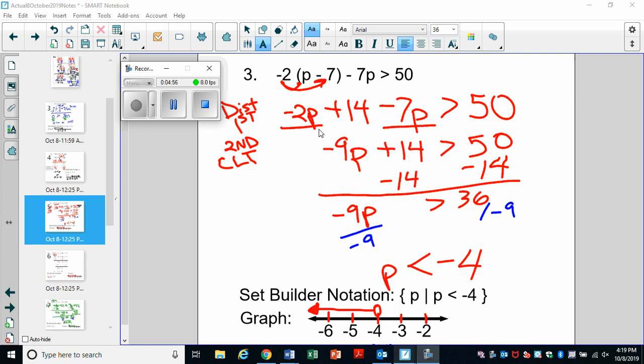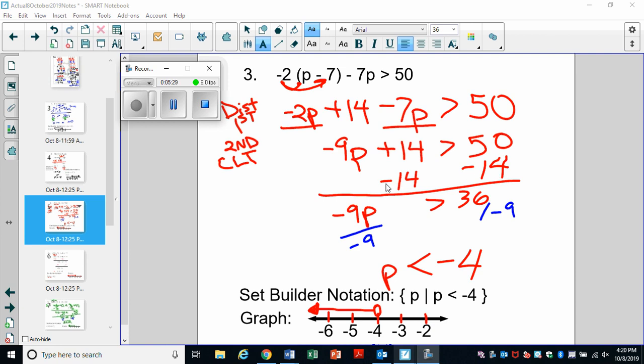Now, these two terms, the negative 2p and negative 7p, we just combine them together because they're on the same side of the inequality. However, since we can't group the negative 9p and a positive 14, the reason why we're bringing positive 14 over to the other side, which means subtract 14, is such that we can only combine the positive 50 with the now negative 14.